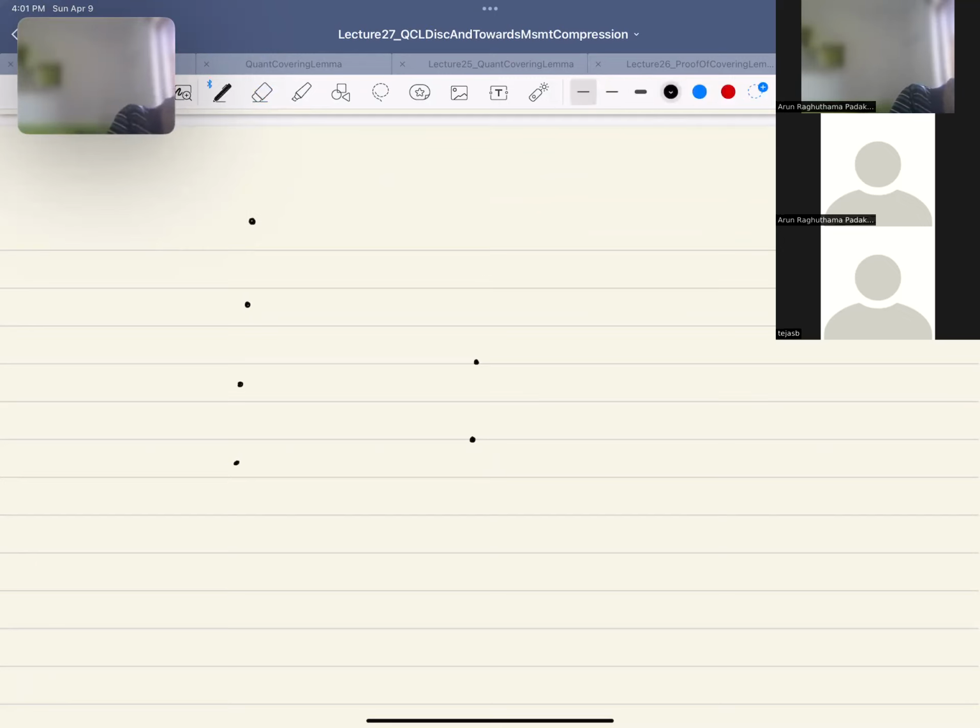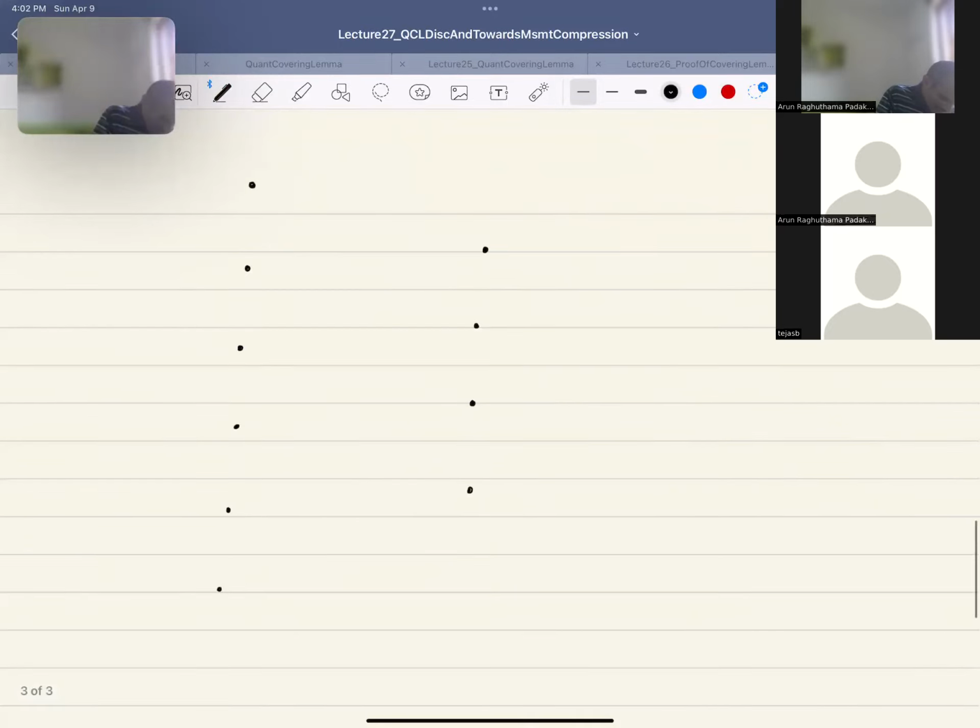So there are 6 here on the left, and 4 on the right, and I'll have a total of 12 edges. So that means the outside degree, so it's something like this. So I'll have 12 edges. So left side degree is 2, right side degree is 3. Okay, so it's something like this.